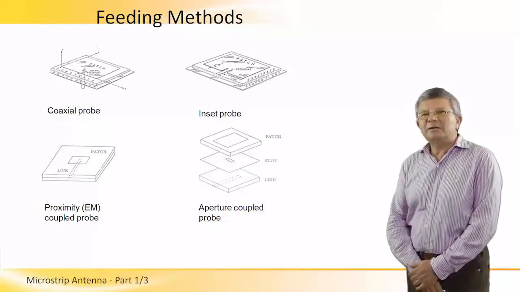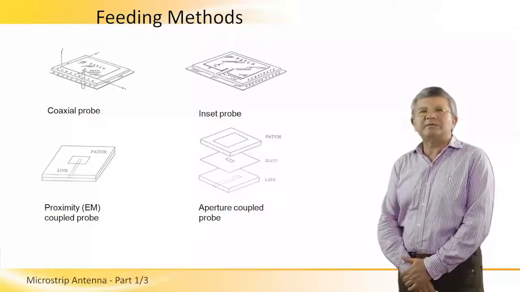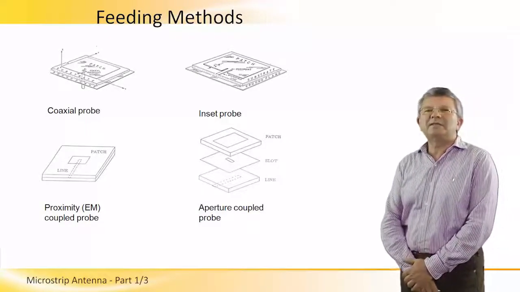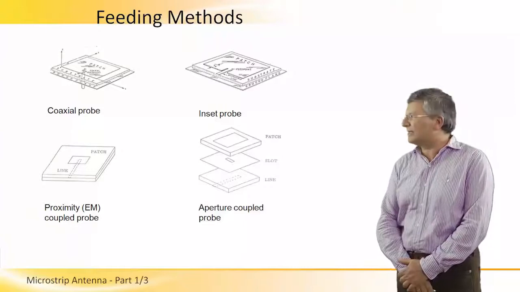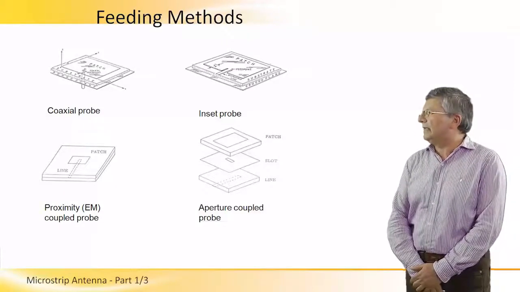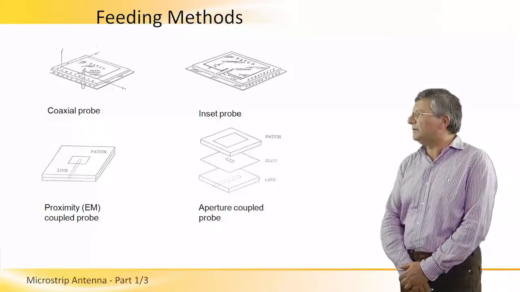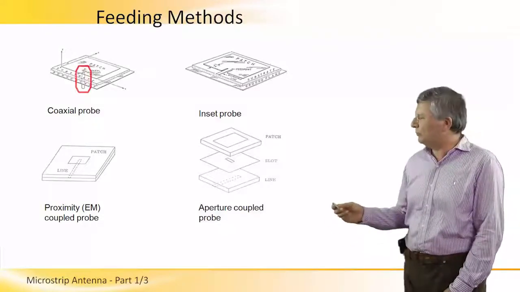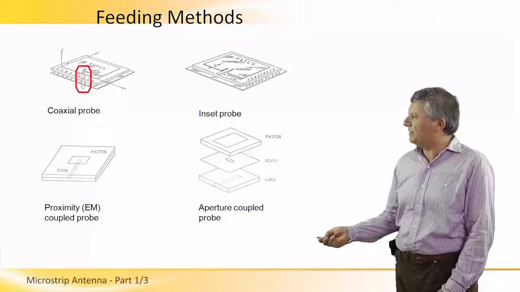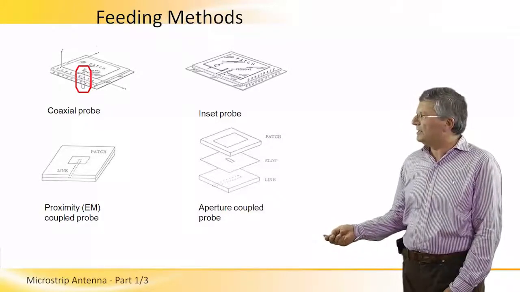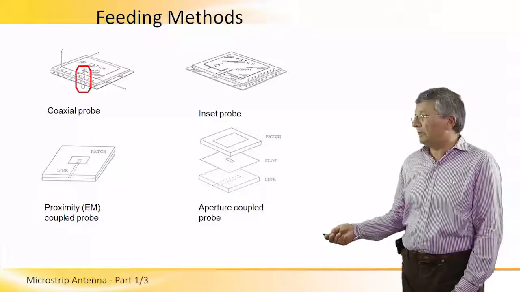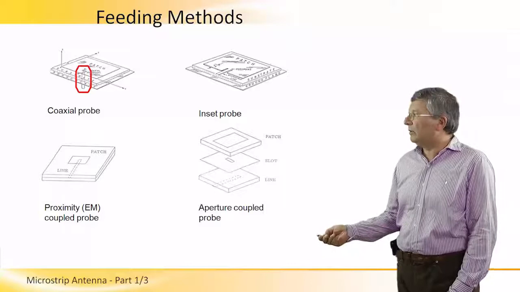Since the microstrip antenna is some sort of a resonator, we need somehow to excite the fields in this resonator. And there are various ways to feed the antenna. The most common way is to use a coaxial probe, as we can see here, in which a probe penetrates the ground plane and is short circuited to the upper conductor of the antenna.